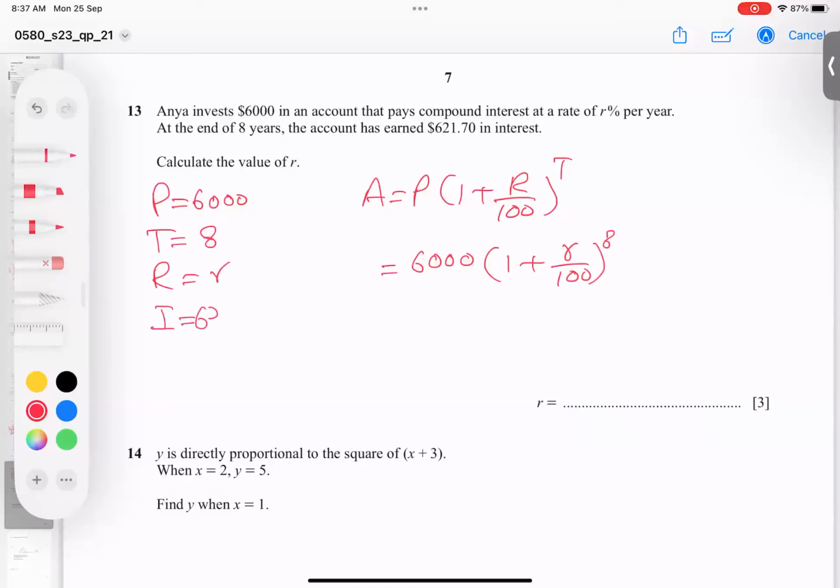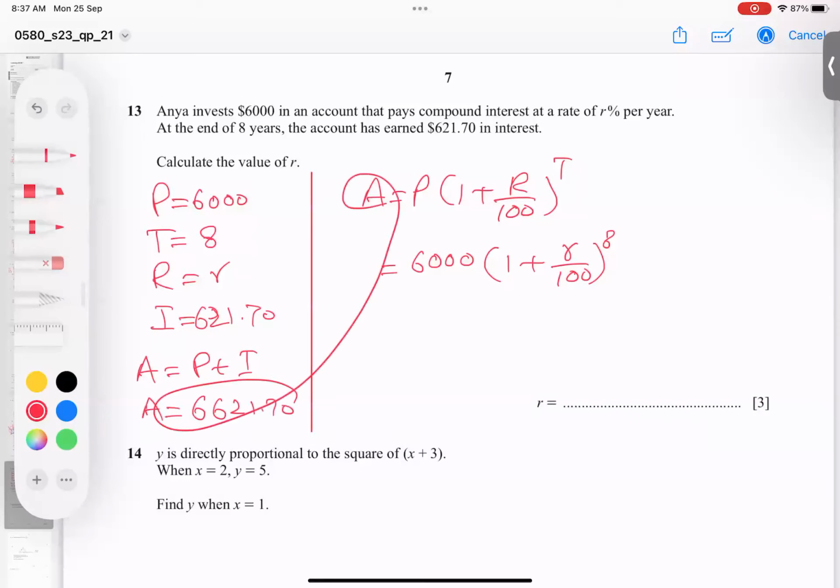But you know, A is not the interest, not at all. A is the net amount. A contains two parts, P plus I. P is his investment, his money, and I is his profit. So if I add them both, 6,000 plus 621.70, it becomes 6,621.70, and I am going to plug in this amount. This is a problem: some students think this is the profit.